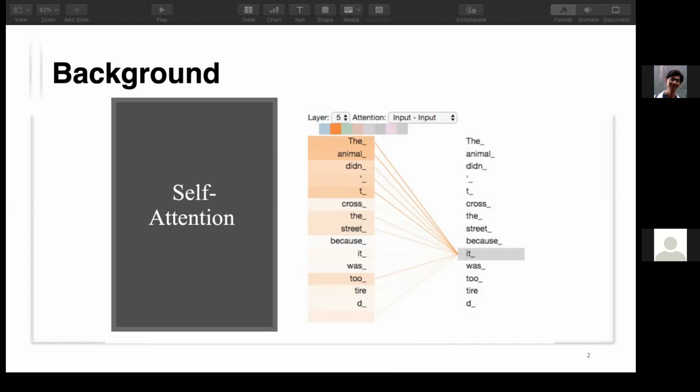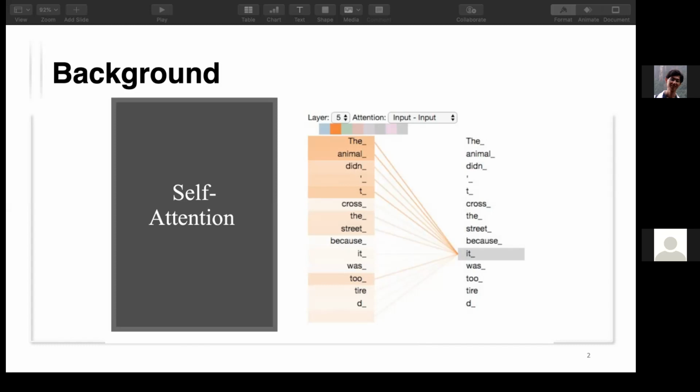For example, the word highlighted in the right column will attend to each word in this sentence, and the model will give a weight to each word as compared to it. So by adopting the self-attention, the model is able to aggregate the context information of the sentence.